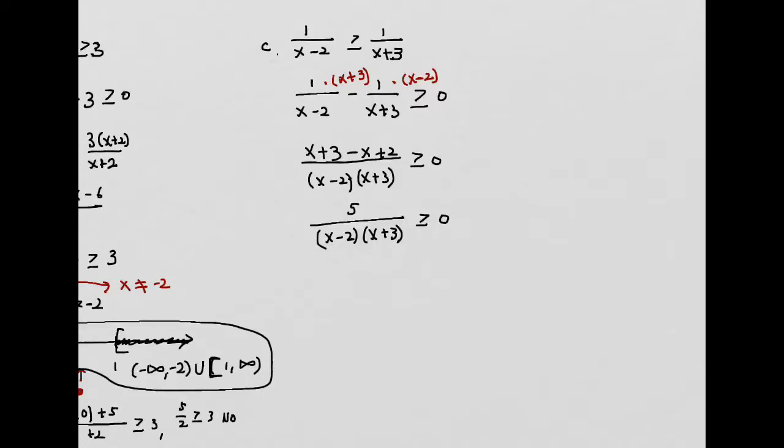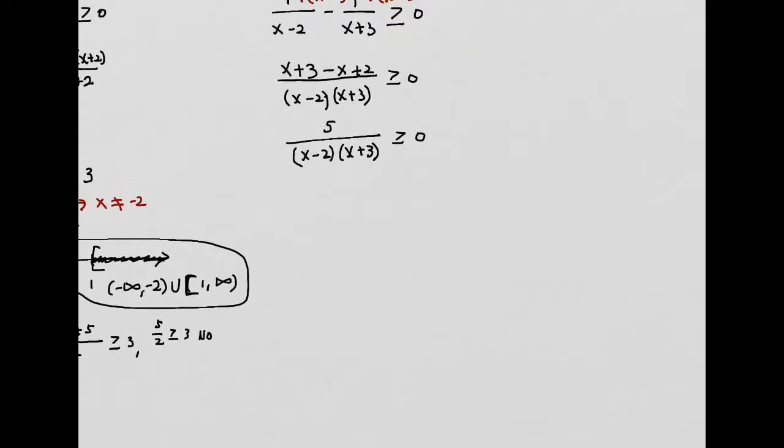So here, the numerator does not give me any boundary points because I don't have variable x. But the denominator gives me 2 boundary points, positive 2 and negative 3. And at the same time, these are also my restrictions, right? I cannot include these points.